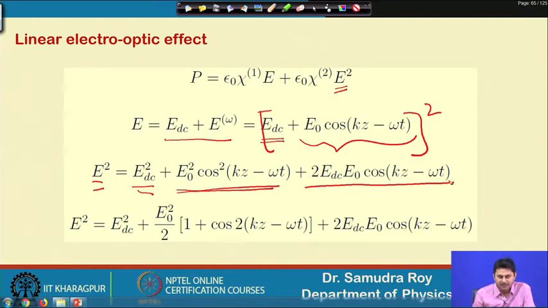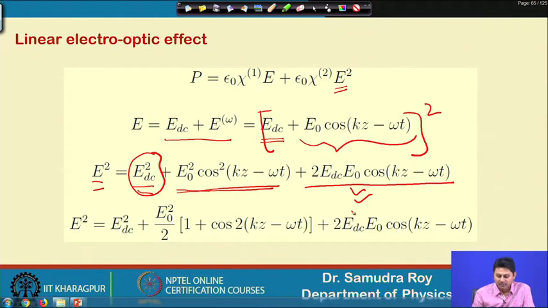So, three terms are appearing because of the additional DC term. Mind it, when I make a square term, because of the DC, one term should be here, that is for sure, but another term which is more important is this one.